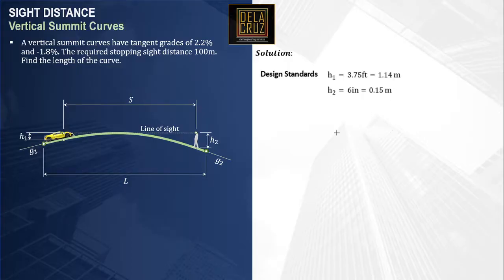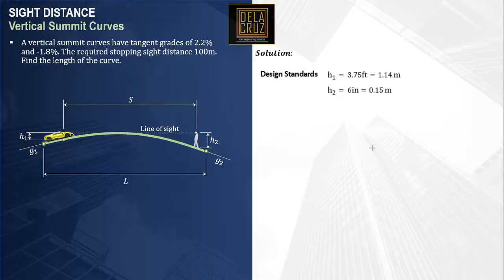Actually, these constant values are an old standard. If you check the latest DPWH manual, we have H1 as 1.08 meters and H2 as 0.6 meters, if I am not mistaken.